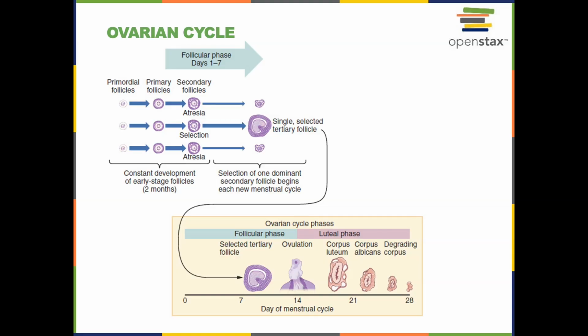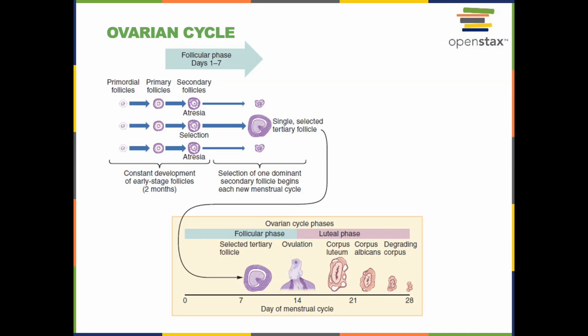The other tertiary follicles will be degraded in a process known as atresia. But that one selected follicle, the dominant follicle, will go into the process of ovulation, when the secondary oocyte is released from the ovary and then will travel into the uterine tube.